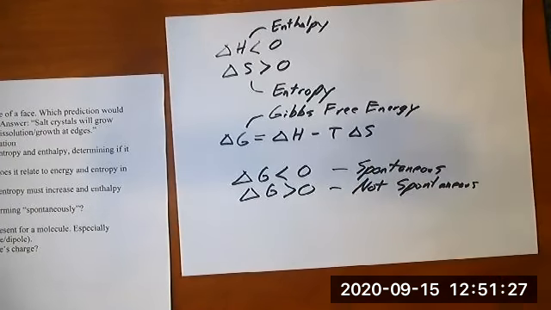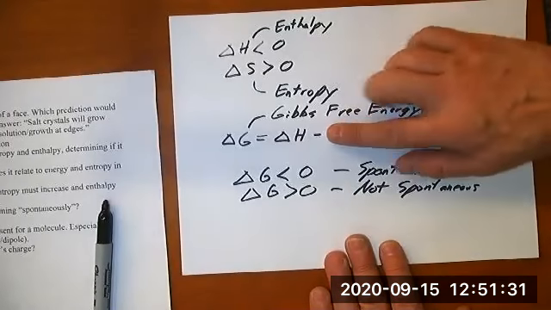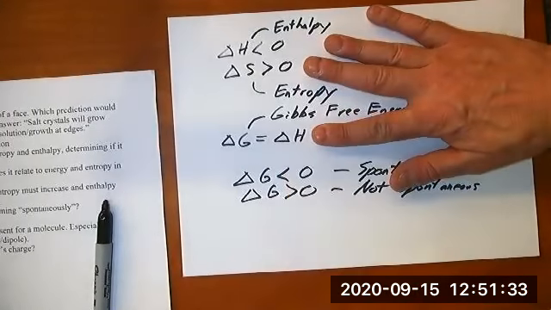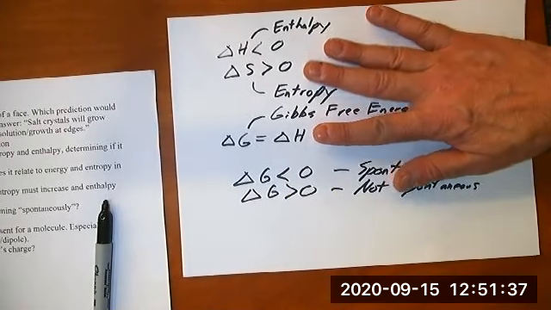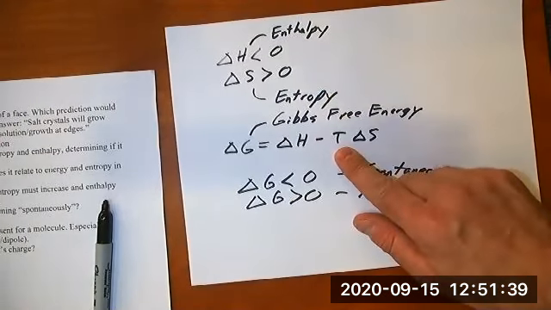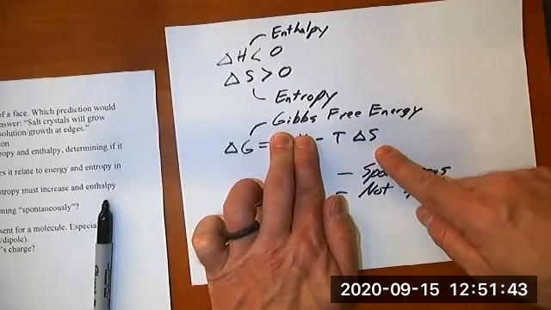So if they're pointing in different directions, then at low temperature, where T is very small, delta H is what determines whether it's spontaneous or not. At high temperature, where T is big, negative T delta S is what determines whether it's spontaneous or not.